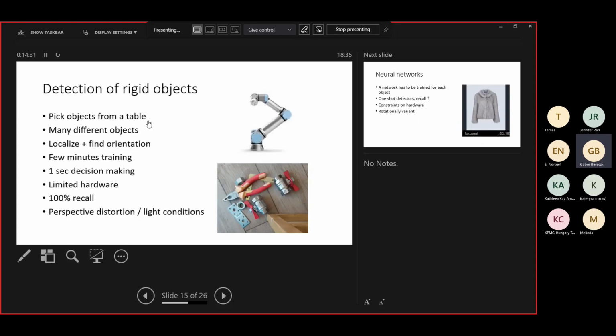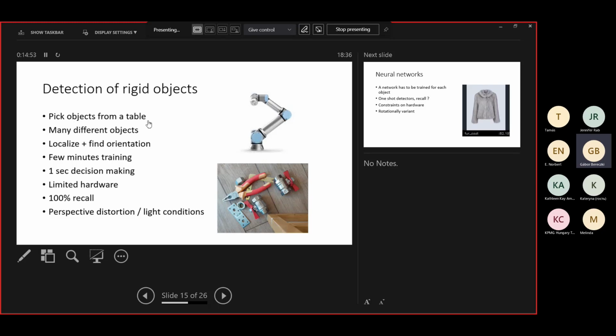Let's go for another example: detection of rigid objects. This project was a use case for small and medium enterprises doing manufacturing, who have a small workshop, maybe have a CNC machine, and want to use a robotic arm to pick the machine parts and feed them to the CNC machine.